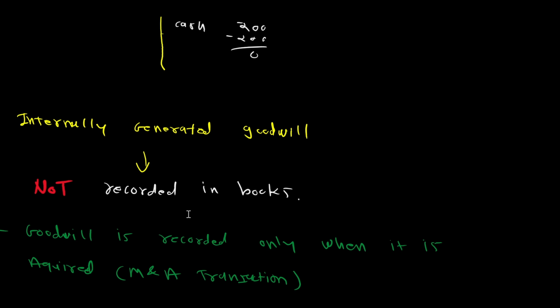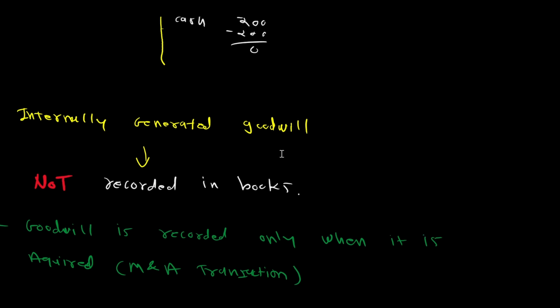It means if I spend any money towards generating goodwill, for example, I do charity or any other social work that could generate goodwill in the customers' minds for my company, I can't show that expense as an asset or as an internally generated goodwill.